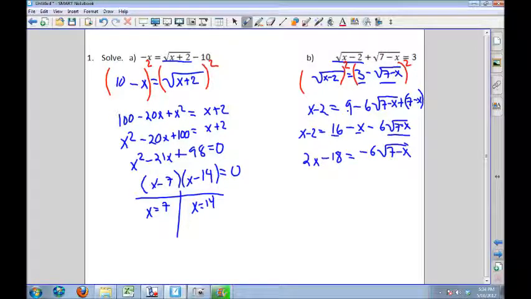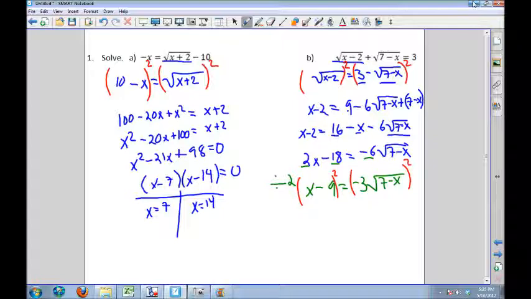Now your instinct may be to immediately square everything, but notice everything has a common factor of 2, so I can make this question easier for myself if I divide everything by 2. What happens when I do that is I get x minus 9 equals negative 3 square root of 7 minus x, which when I now go to square this to get rid of my radical, I'll get slightly easier and nicer numbers.